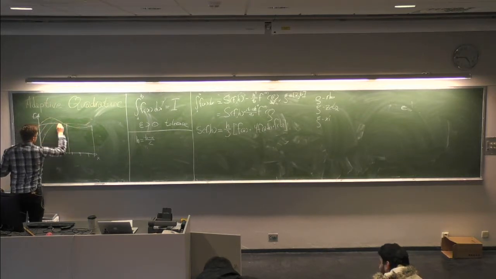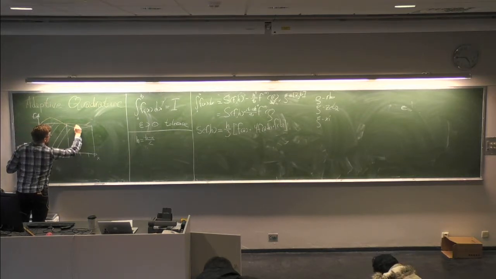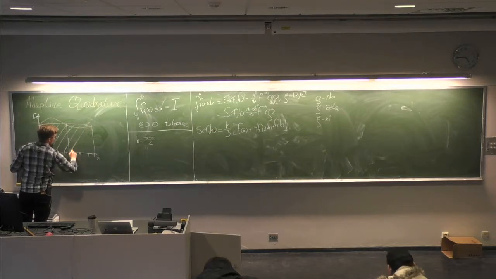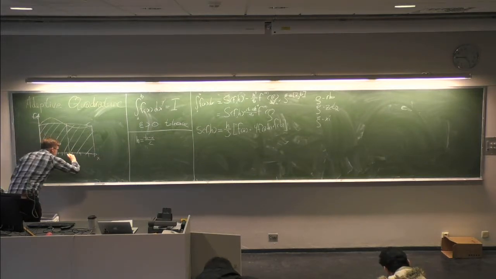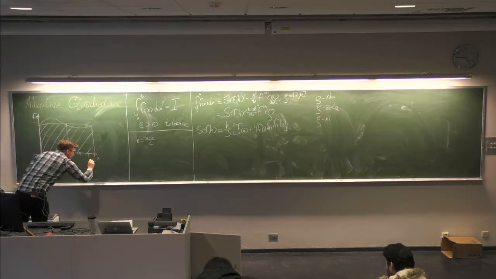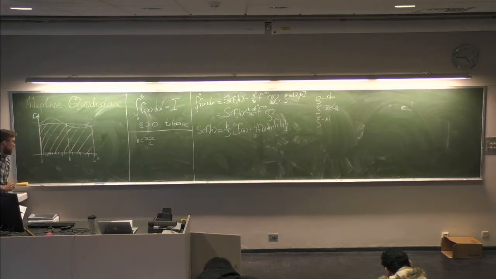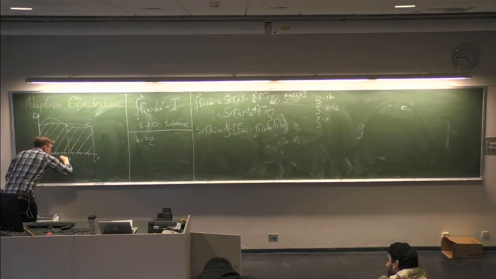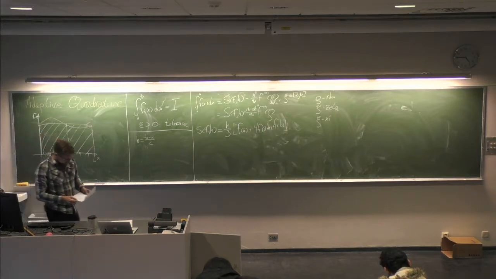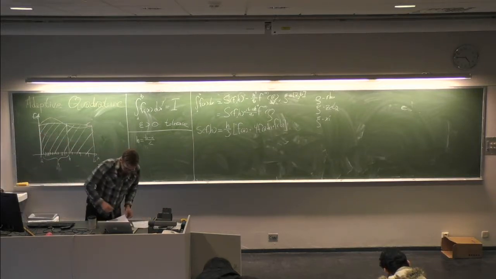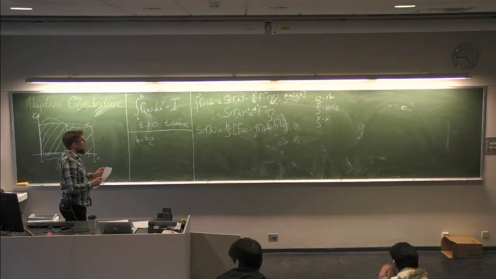Okay, so now we only have one interval or two subintervals. It depends on how you want to count it. So a over here, h, and b. Or also this length here is going to be h. So this is one way of doing it.